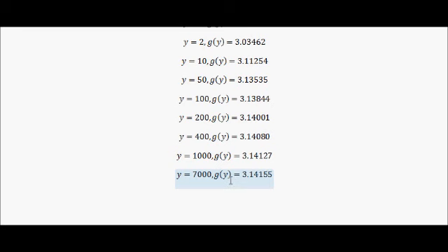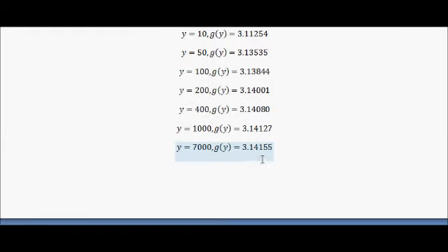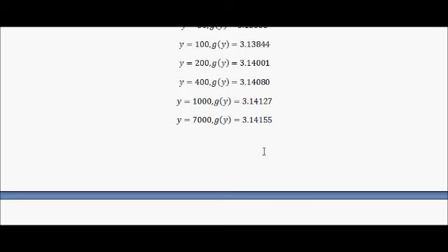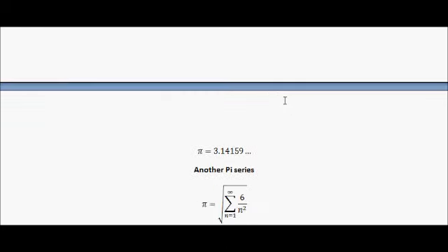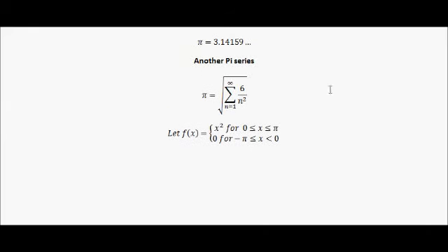But at the 7,000th term, you get g of y equals 3.14159. And that's to 1, 2, 3, 4, 5, 6 figures. And pi is 3.14159 to 6 significant figures. So I'm only 0.00004 out. So after the 7,000th term, you're pretty close to pi.